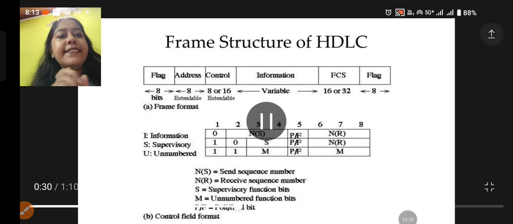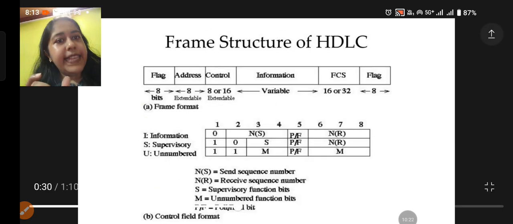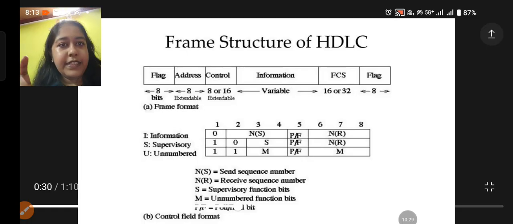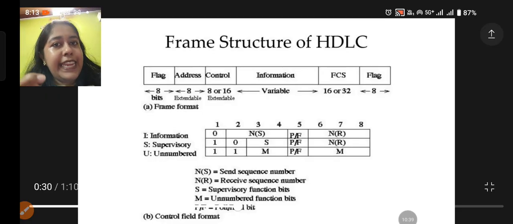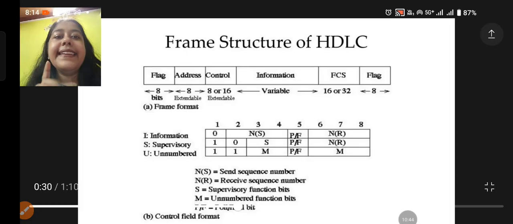Now, in the next slide we will see the frame structure of HDLC, which I was talking about. Here you can see the whole frame structure of your HDLC. First is the flag, which is 8 bits. We have already seen that it is bit oriented. Next is the address field, which is 8 bits and extendable. The control field is 8 or 16 bits, also extendable.